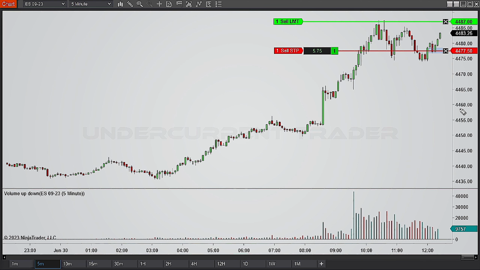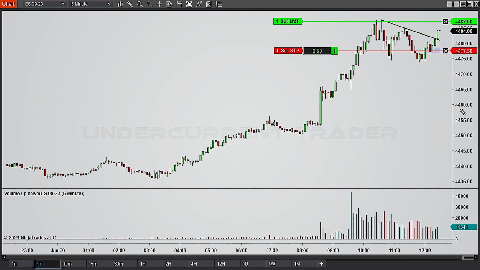This obviously led to price convincingly breaking or pumping through above this descending trend line. Now, descending trend line breakouts obviously indicate a potential shift from a downward to an upward trend.